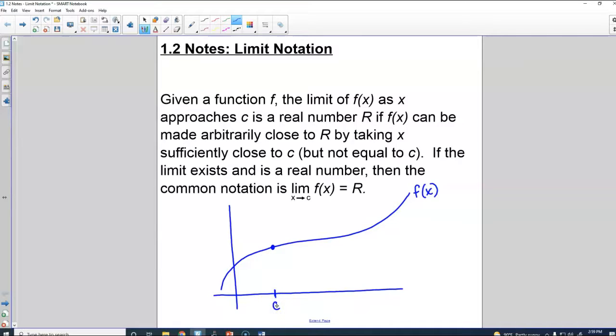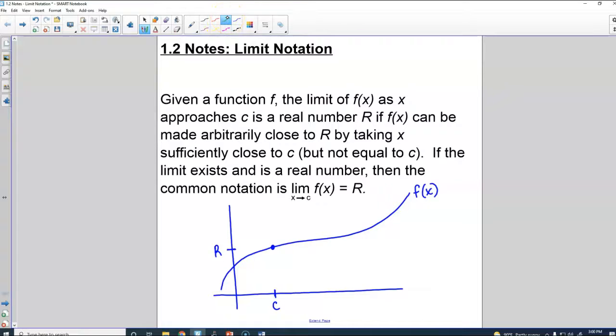And r is your f of x, so r is the y-coordinate.